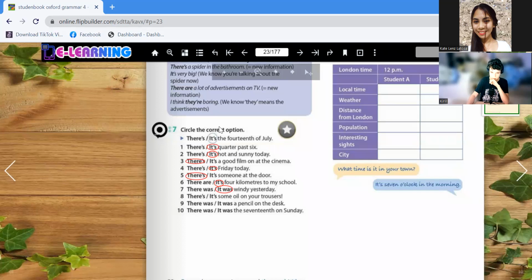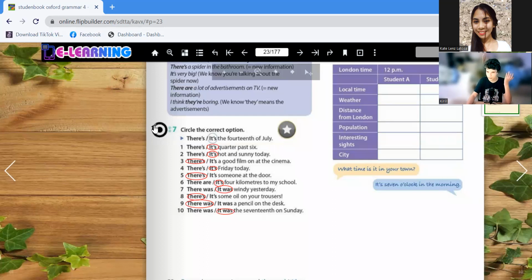It is there, because it is about something. Number 9, there was or it was a pencil on the desk. There was. It was the 7th on Sunday, because it is a date.